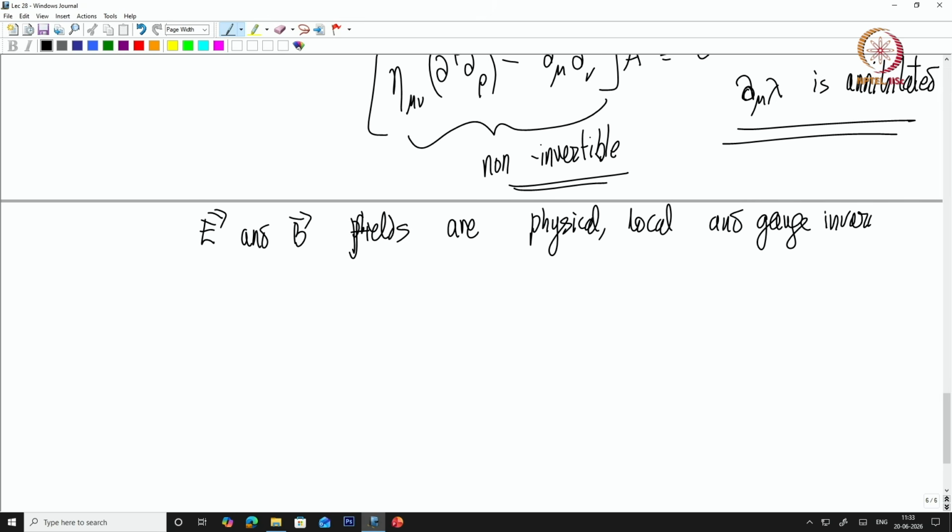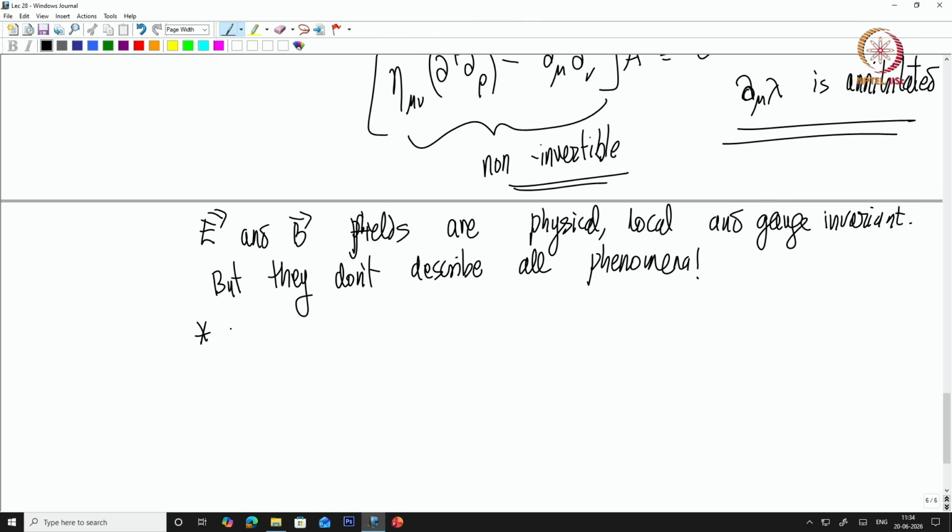So one can ask why don't you use these fields to quantize, but they do not describe all phenomena. And further, as we will see, we also want a Lorentz invariant description.